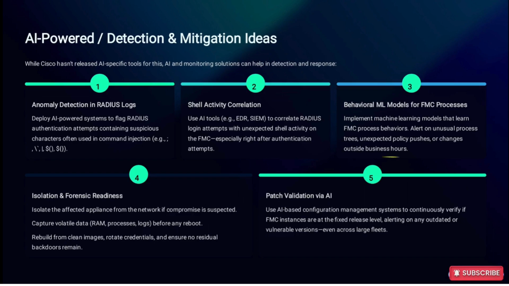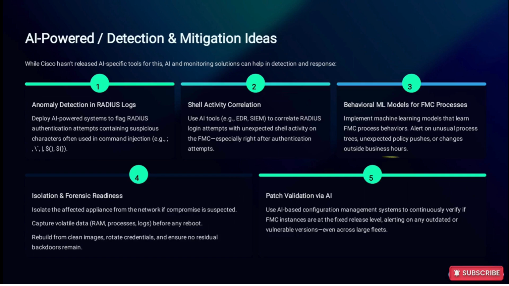Next is isolation and forensic readiness: isolate the affected appliance from the network if a compromise is suspected, and capture volatile data, RAM, and process behavior for reporting. This helps in forensic readiness. The last is patch validation via AI.